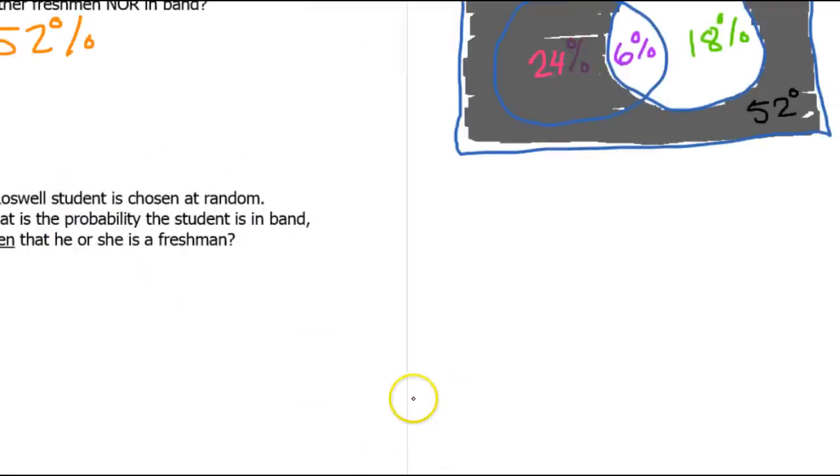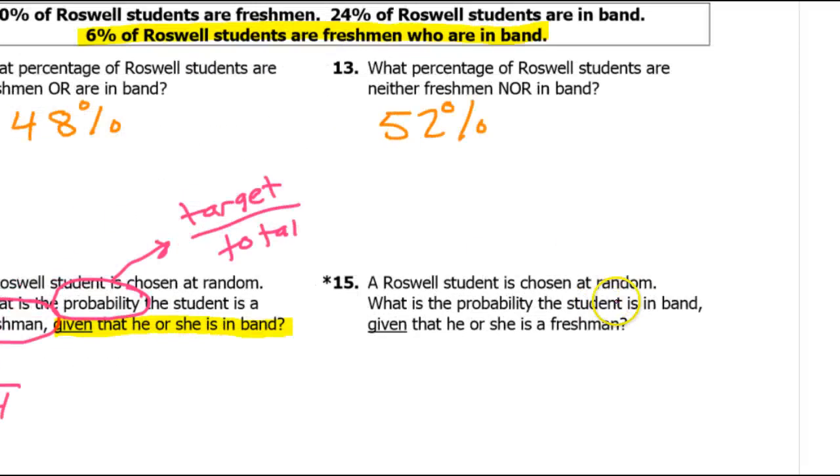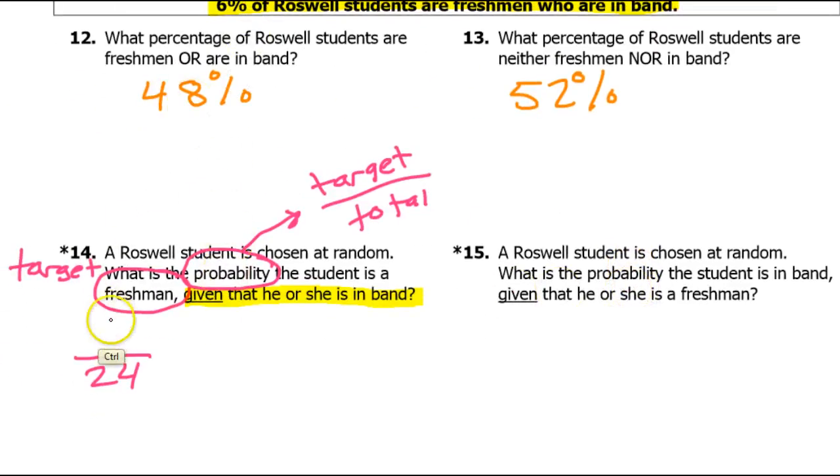So let's look back at the Venn diagram. Which one of these numbers represents freshman? Well, that's the 6%. See how the 6% is still in the freshman circle, even though most of the freshman circle was blacked out? So, freshman, 6%. When I do my target over total, I'm doing 6% over 24%.